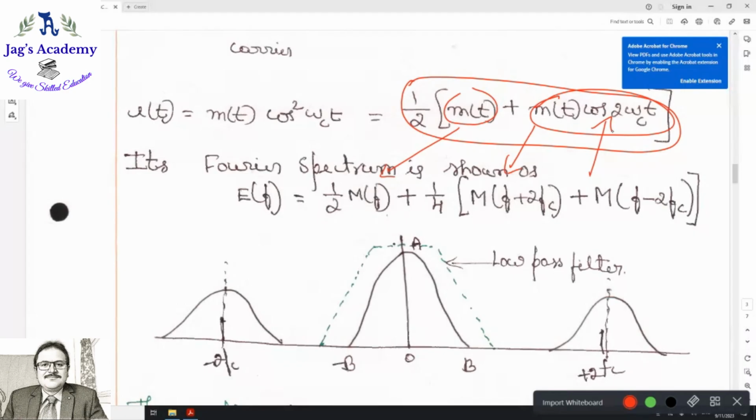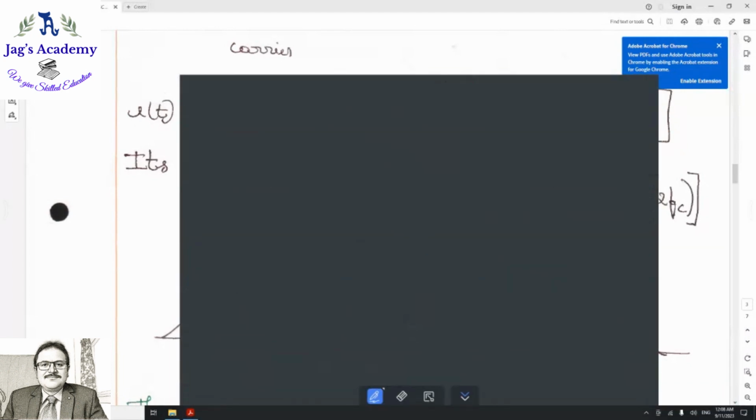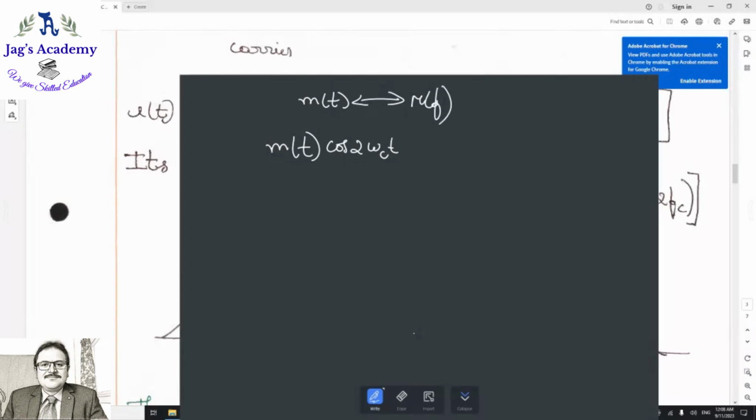I want to come to that point now because you have all forgotten signals and systems basics. If I ask you to find the Fourier transform of m of t cos 2 omega ct, given that m of t and m of f are Fourier transform pairs, how do you calculate this?